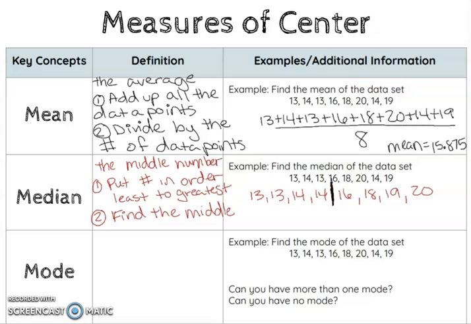I'm just going to have an extra step to do. So I'm going to look and see, what is halfway between 14 and 16? In this case, it's very easy to find. That would be 15. If those numbers are not nice, easy numbers, what you would do is add them together, 14 and 16, and divide by 2 to get that number halfway between.